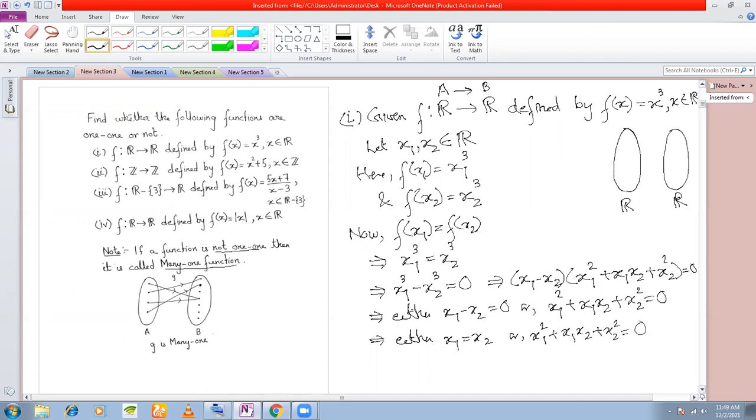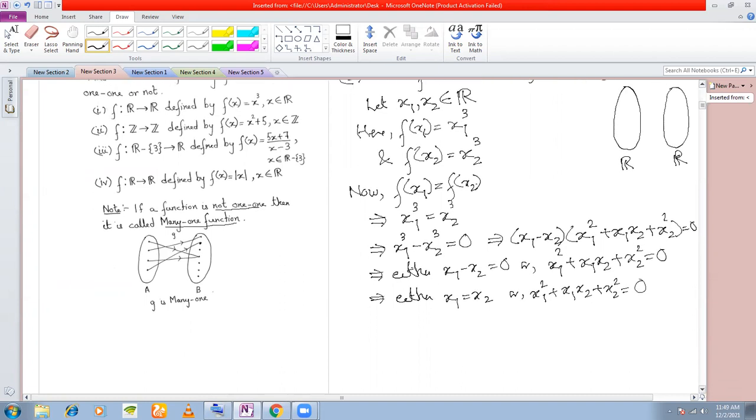That means that if f(x1) is equal to f(x2), then it does not definitely mean x1 is equal to x2. x1 is equal to x2 may be one of the options, right? But what is the other option? This. That means f(x1) is equal to f(x2) does not definitely imply that x1 has to be equal to x2, right? Therefore, f(x1) equal to f(x2) does not necessarily imply x1 is equal to x2.